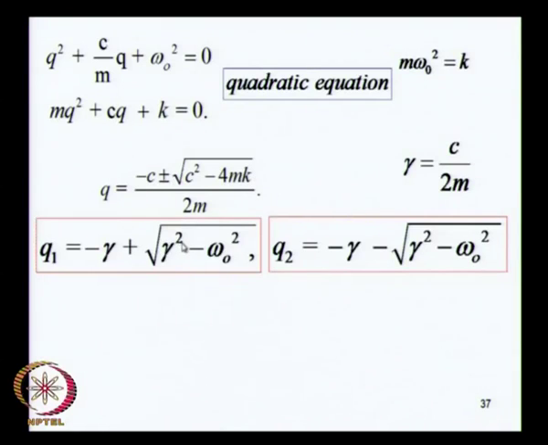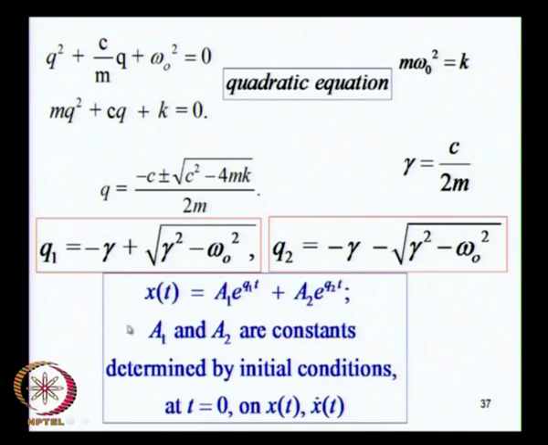So, this is the quadratic equation for q, it has got two roots, these are the two roots, and if you admit both, because both are valid solutions to the quadratic equation, then you have the general solution, which is a1 e to the power q1 t and a2 e to the power q2 t. So, this becomes your general solution.